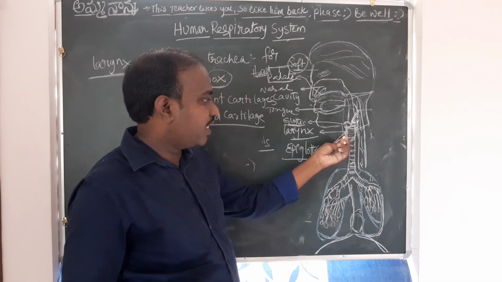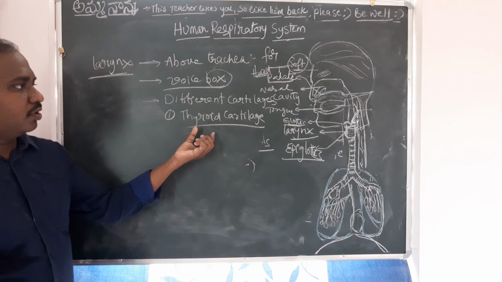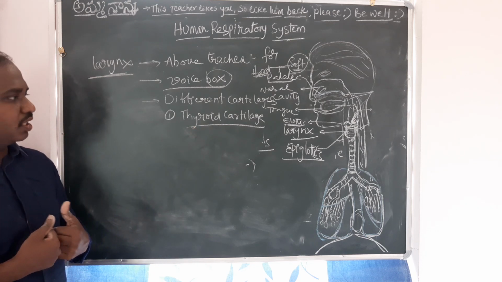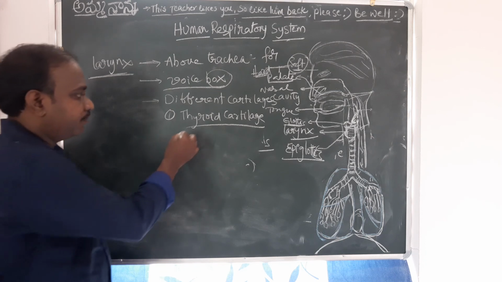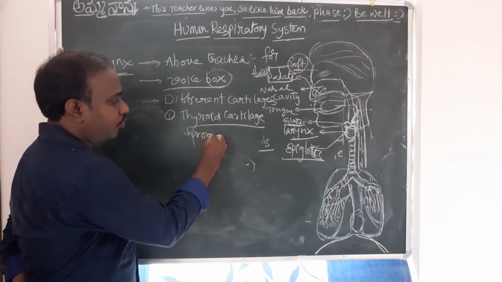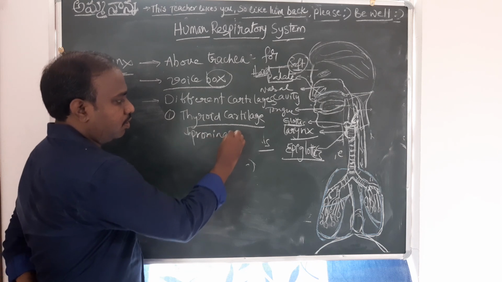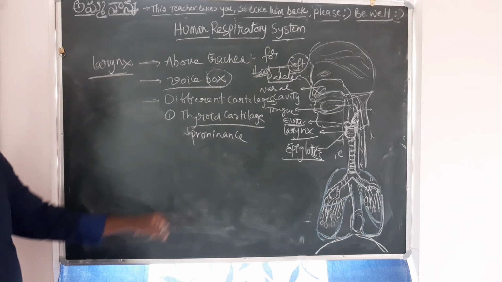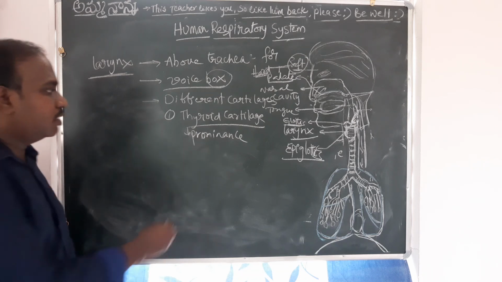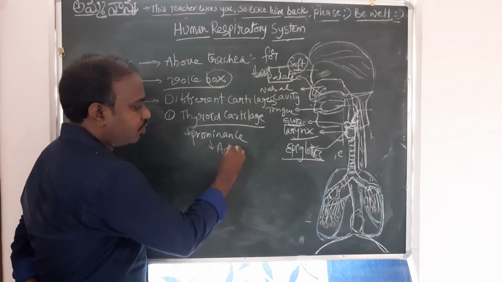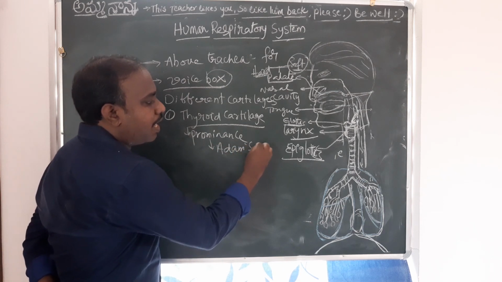That is why in males in the neck region, you would see this protruding prominence, and it is called the Adam's apple.